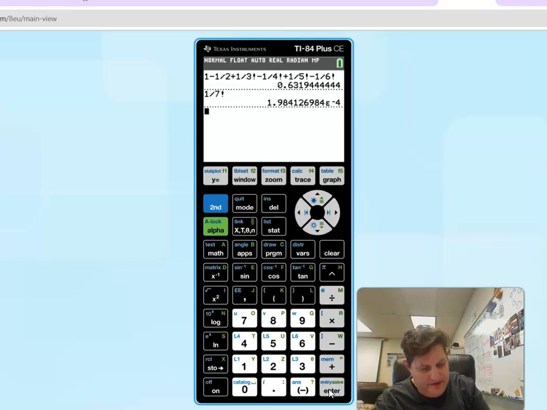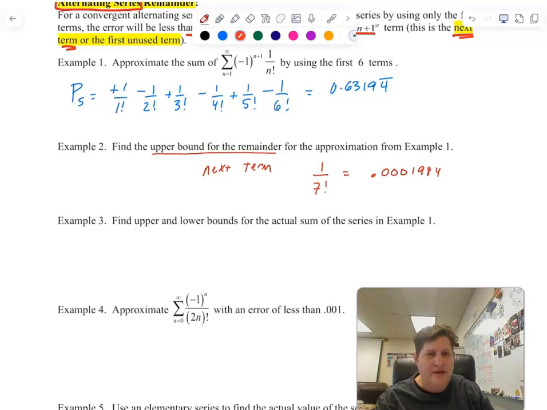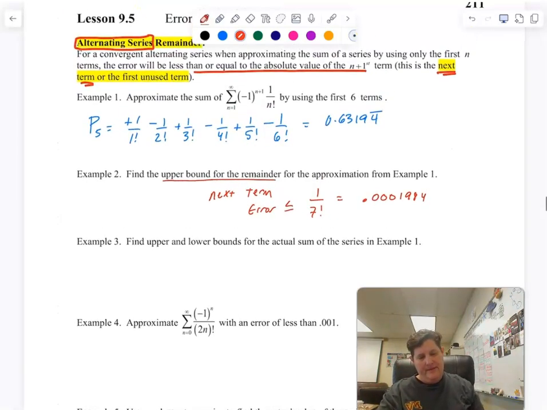Now that's a little tricky to write, but it's going to be point, remember that the E-4 means I go back 4 decimal places. One of them goes past the 1 and then 3 zeros. So 1, 2, 3 zeros, 1, 9, 8, 4. Whatever, that's probably good. Okay? That's my error. My error is less than or equal to that. Because it's just like the next term, and it's adding that, and then subtracting, adding, subtracting, adding. But it's all going to get smaller and smaller and smaller as we go.